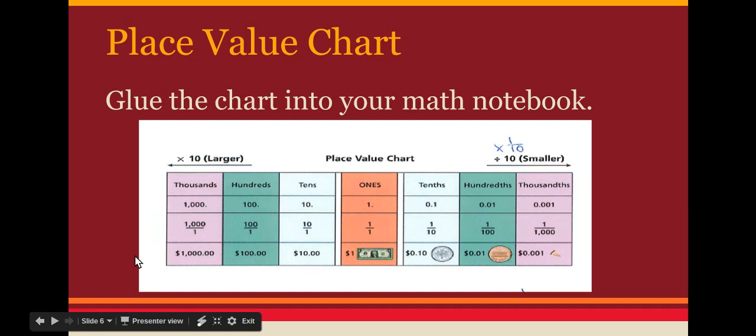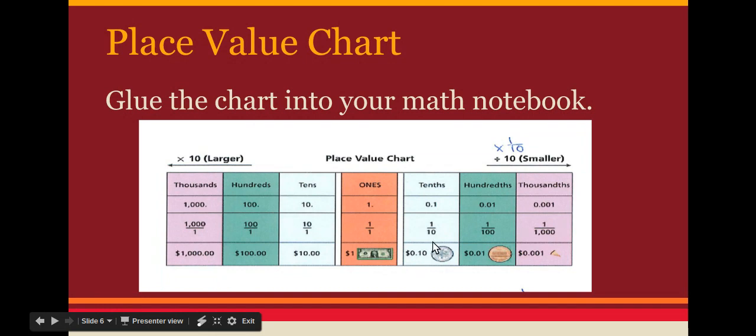Throughout this lesson, or throughout this unit rather, we're also going to look at decimals and fractions and how they relate to money. So 1,000 would be the same as $1,000. 100 would be the same as $100. 10 is the same as $10. 1 is $1.